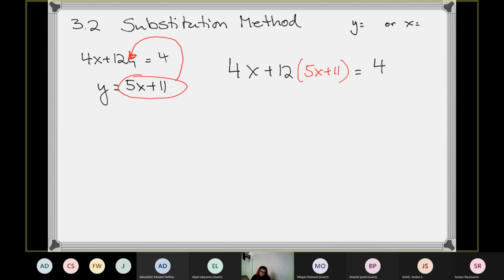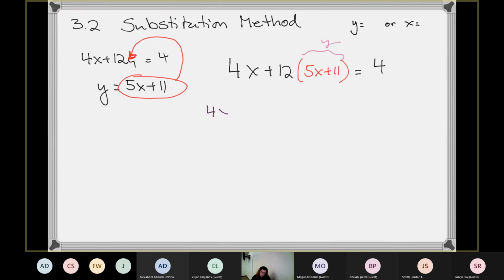So what I did was I replaced the y with 5x plus 11. And now you can clearly see you have an equation with one variable. And that one needs to be solved, just like we have done before.